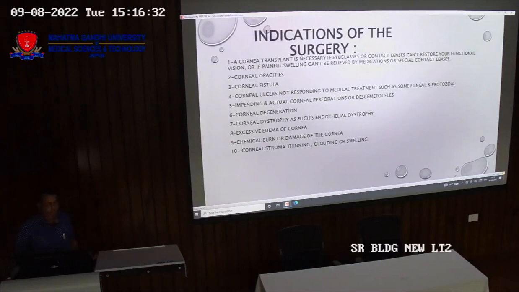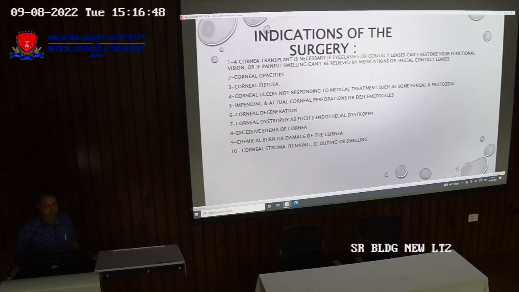So there are different indications for surgery disease-wise. A cornea transplant is necessary if eyeglasses or contact lenses cannot restore your functional vision, or if painful swelling cannot be relieved by medications or special contact lenses.